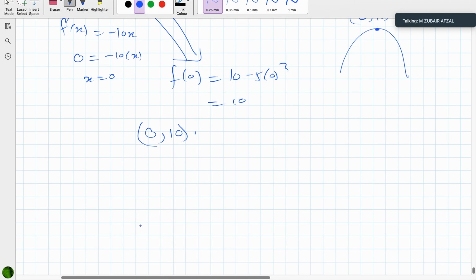If you have a few turning points, for example, the curve looks like this. In this case, we can say we have 1, 2, 3, and 4 turning points. But out of these 4, we know 2 are maximum and 2 are minimum points.